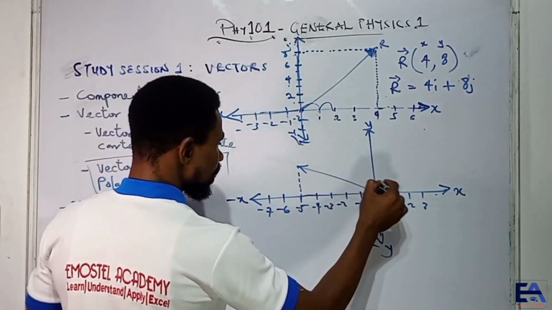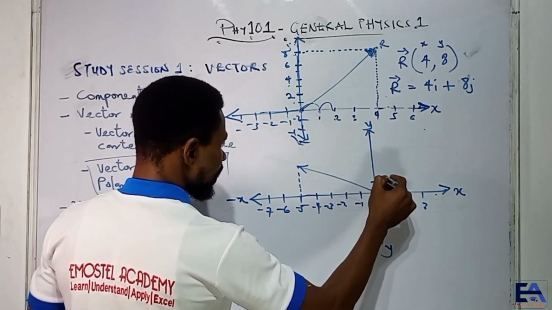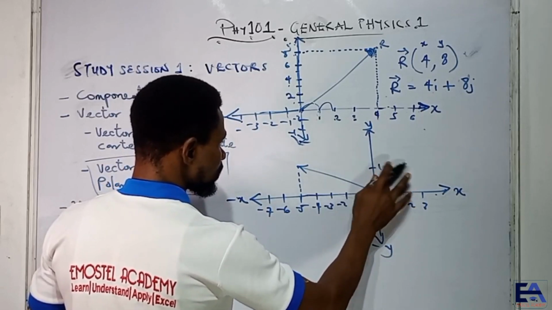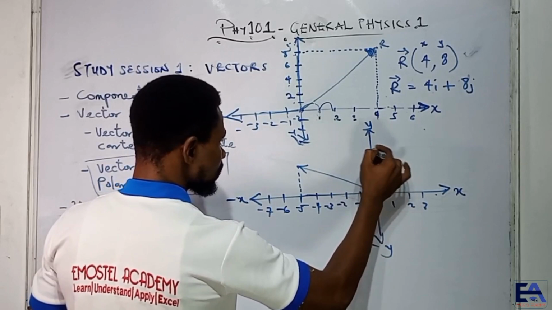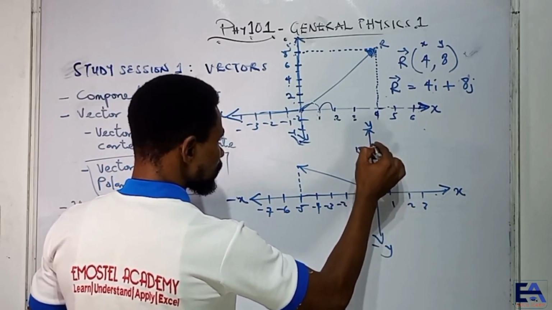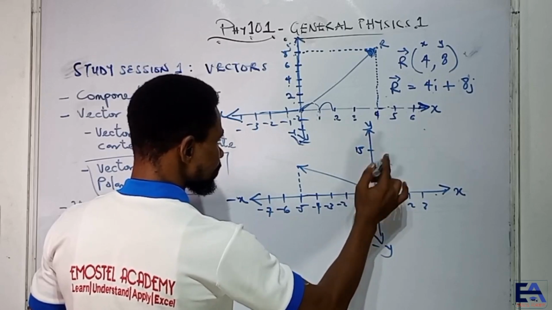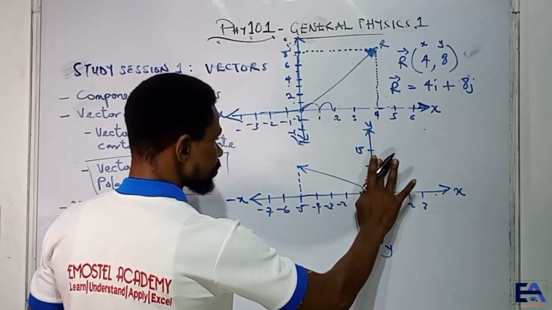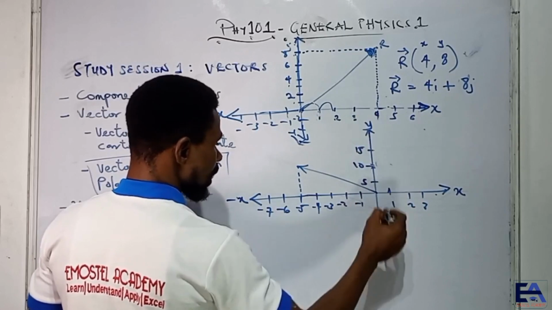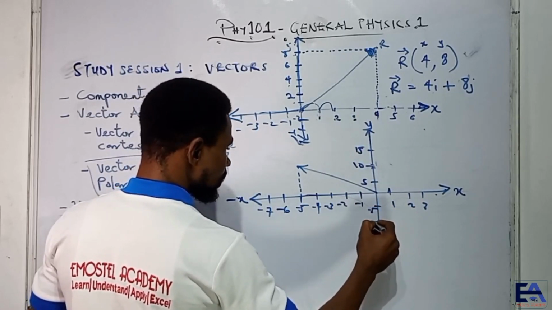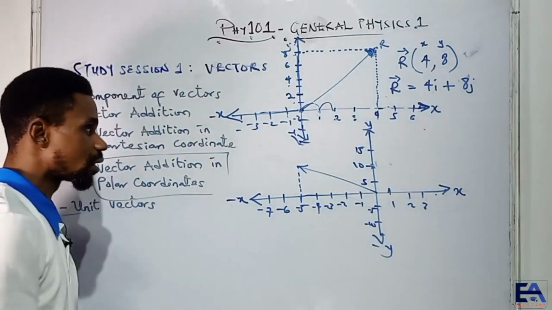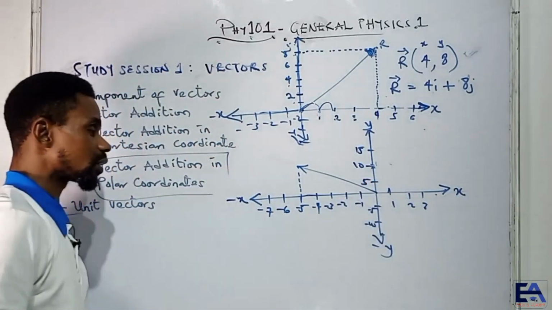And then here, let's say we have 5, 10, 15, and then here -5, -10. Let's be anything, okay? So you can choose your units across each axis.